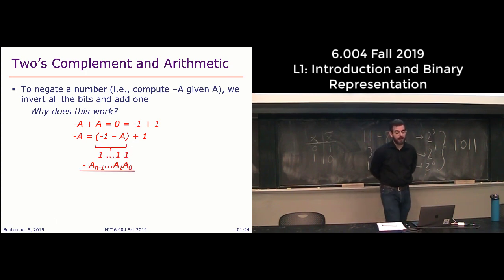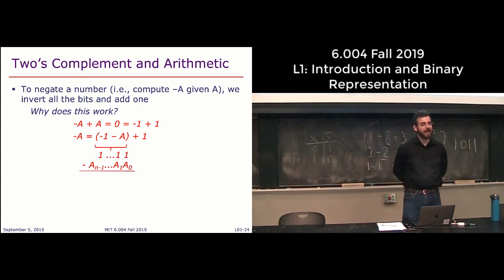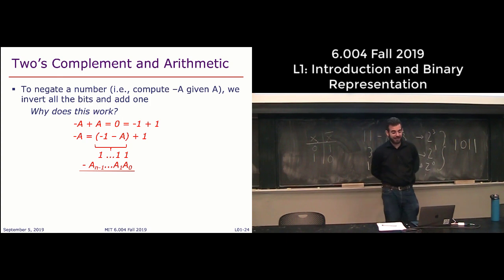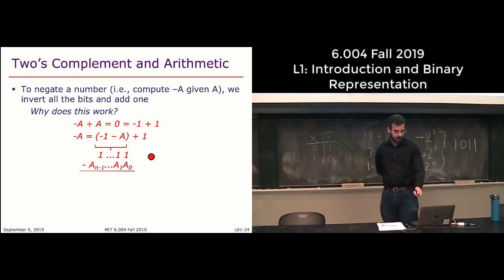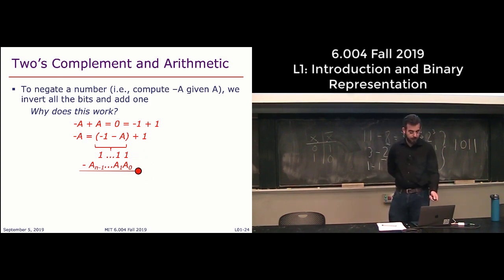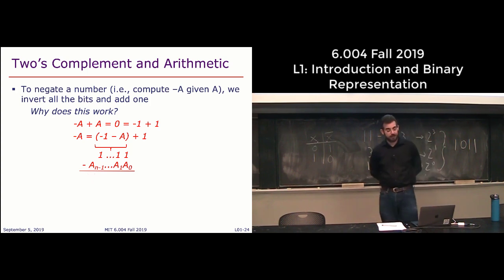And what is this -1 - A? Well, we said that -1 was all ones, and for -A, let's just do the subtraction. Remember this number is in binary, so you have bits A0, A1, up through A(n-1).